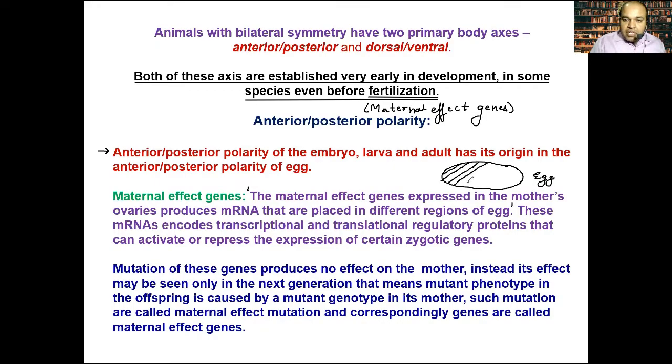And this mRNA is accumulated at different concentrations within the egg cytosol. This is the cytosol of the egg. These mRNA encode transcription and translation regulatory proteins that can activate or repress the expression of certain zygotic genes.